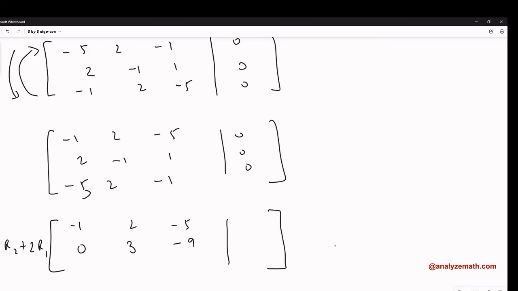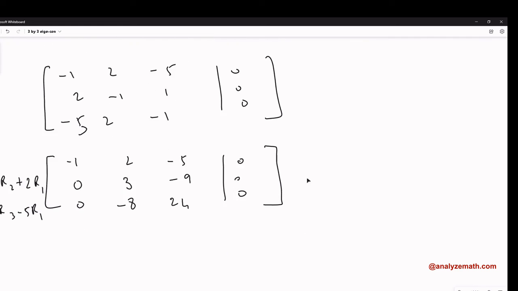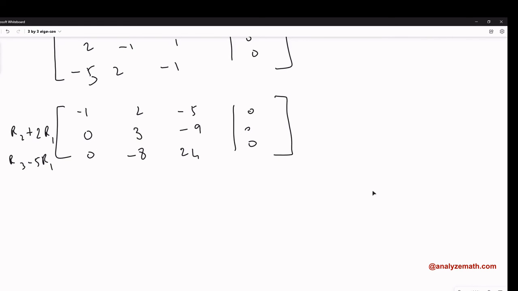The last one, I need an R3, because I've got a minus 5 here. So I need to multiply this by minus 5 to give me plus 5. So that will give me minus 5 R1 here. And then when I do my calculation, 0, negative 8, 24, of course the zeros here. Now, row number 1 is good, row number 2 is okay.